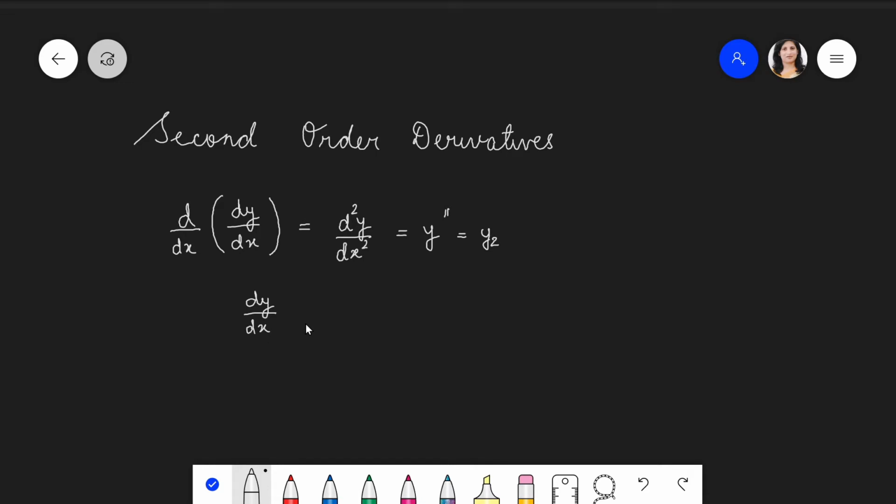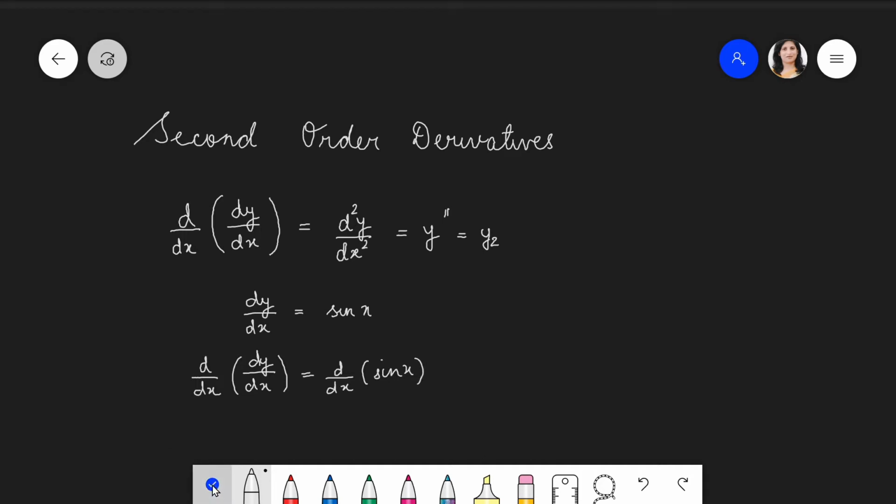Suppose dy by dx is equal to sin x. Then we want to differentiate it with respect to x. So differentiating the left side with respect to x and likewise the right side with respect to x.